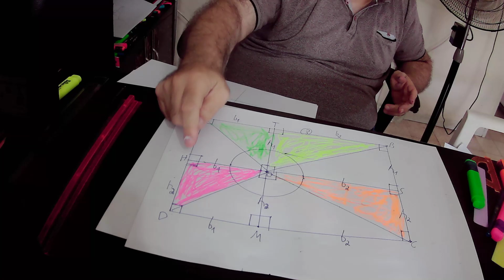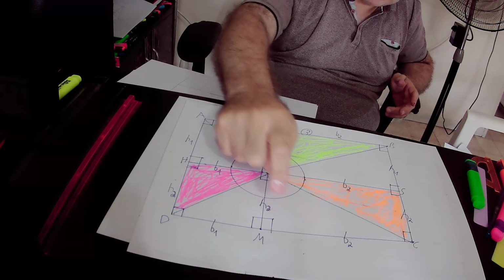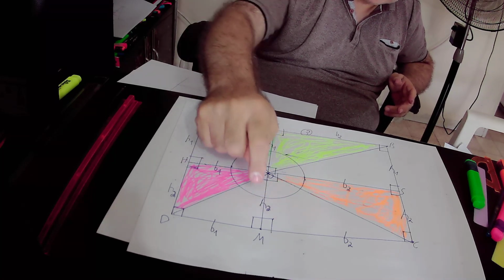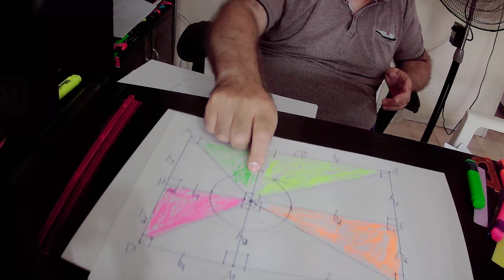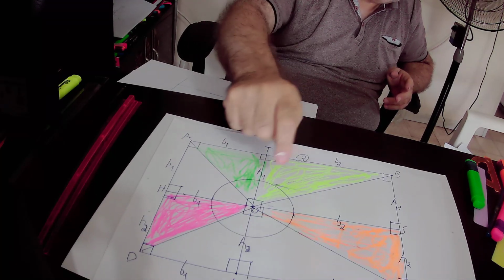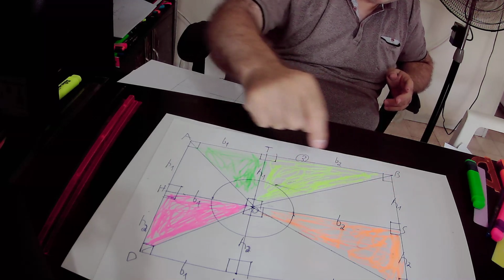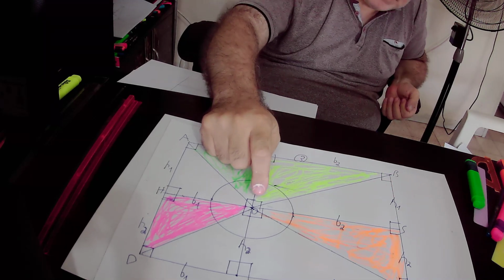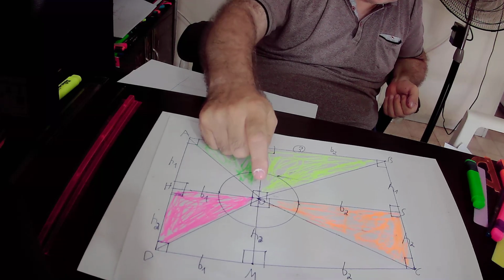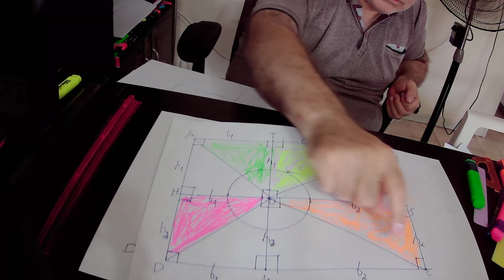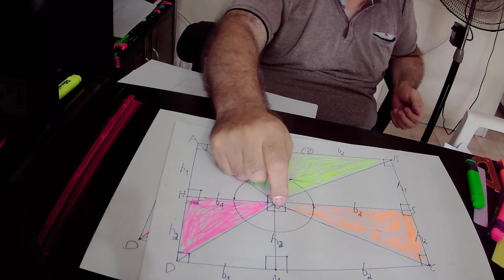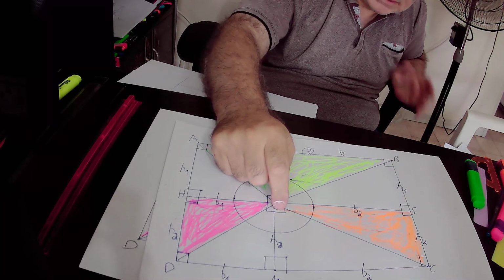Likewise, in quadrilateral HODM, we have 1, 2, 3 right angles, therefore the fourth angle must also equal 90 degrees. Likewise, in quadrilateral TBOS, we have 1, 2, 3 right angles, therefore the fourth angle must also equal 90 degrees. And finally, in quadrilateral OSMC, we have 1, 2, 3 right angles, therefore the fourth angle must also equal 90 degrees.